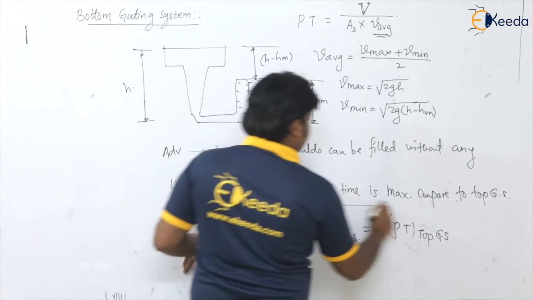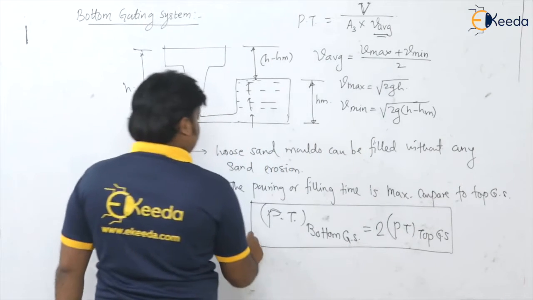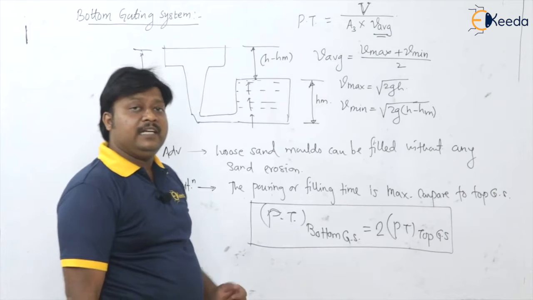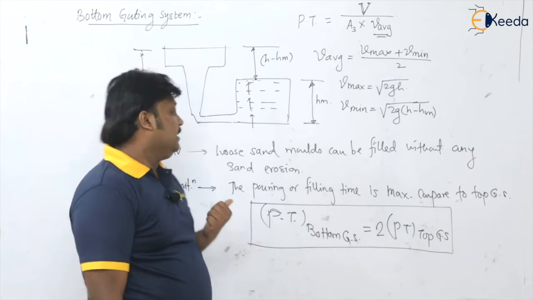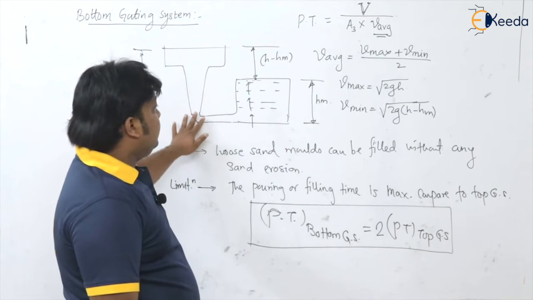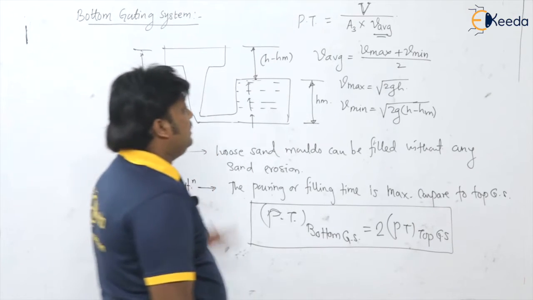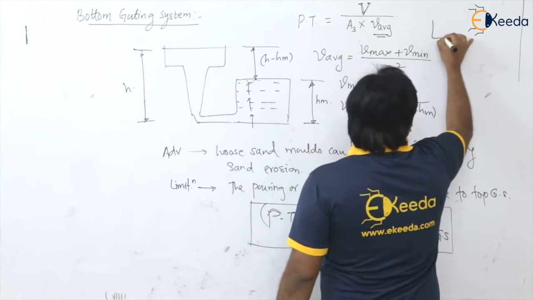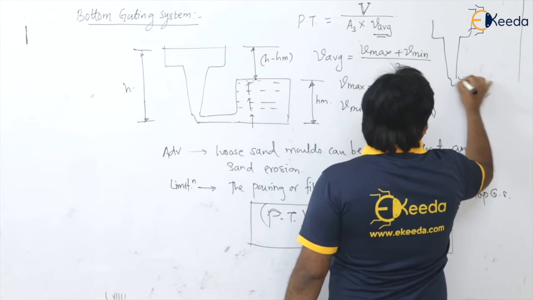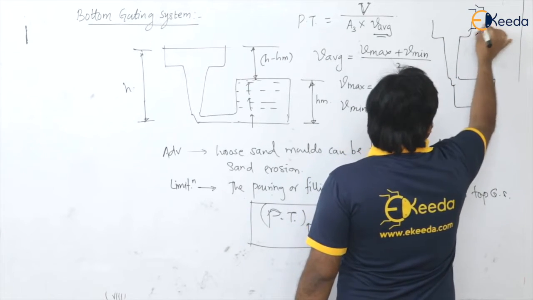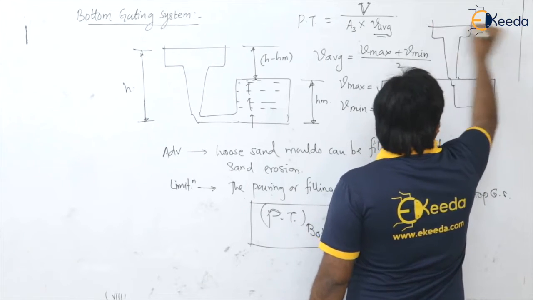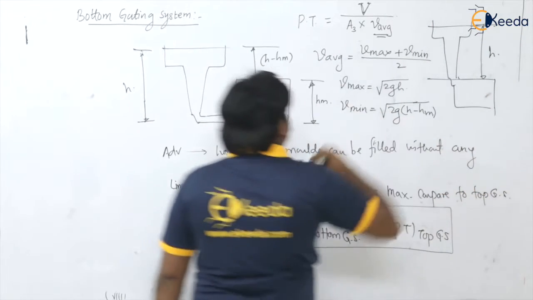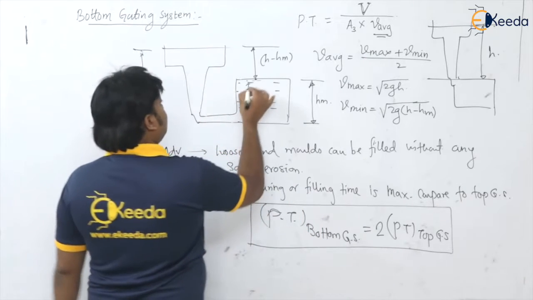I hope you can do this. When the same manometric height for the molten metal is available in case of top gating as well as in case of bottom gating, so top gating, say this is the height, okay, so this is the manometric height.